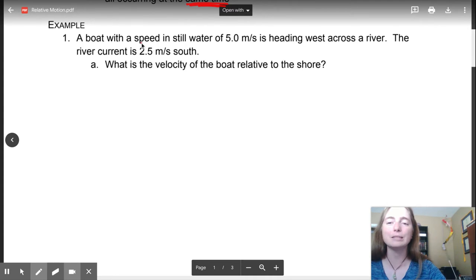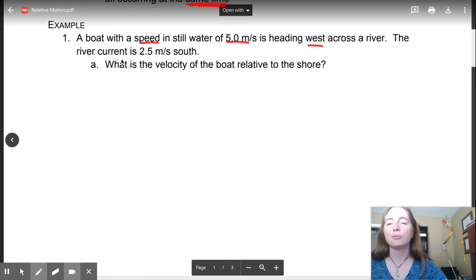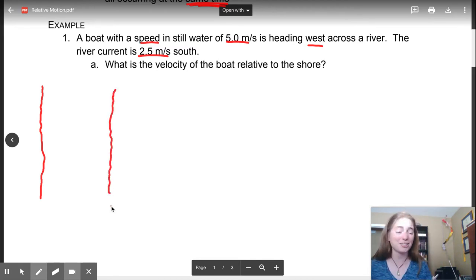A boat with a speed in still water of 5 meters per second is heading west across a river. The river current is 2.5 meters per second south. Now, if the current is going south, that means you're going to need to draw your river going north-south. Trust me, guys, this is going to be a lot easier if you draw this. You're not going to be able to do this if you don't draw it.